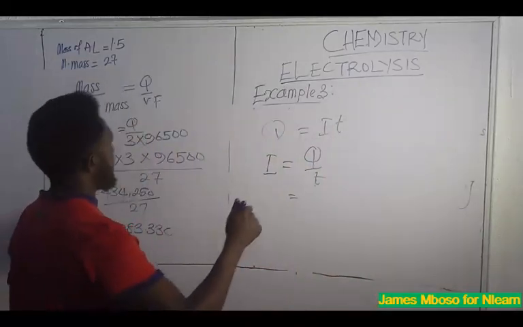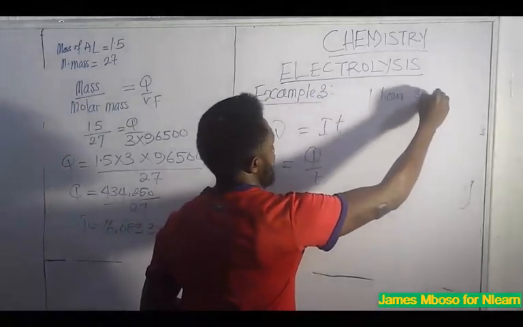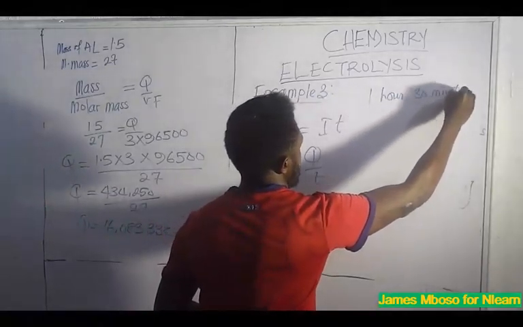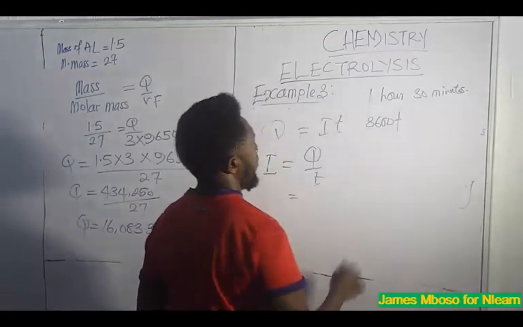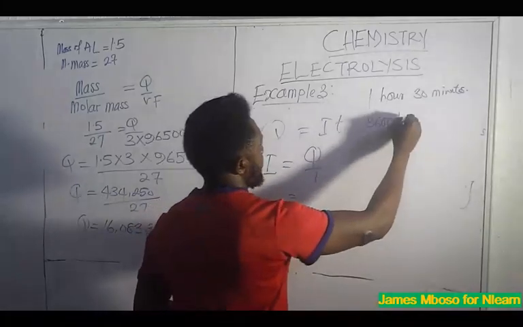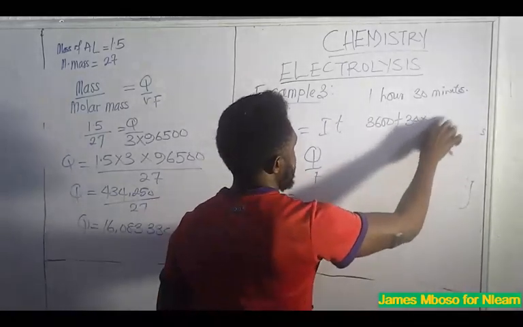So we break down the 1 hour 30 minutes. That's 3,600 seconds for 1 hour plus 30 times 60.